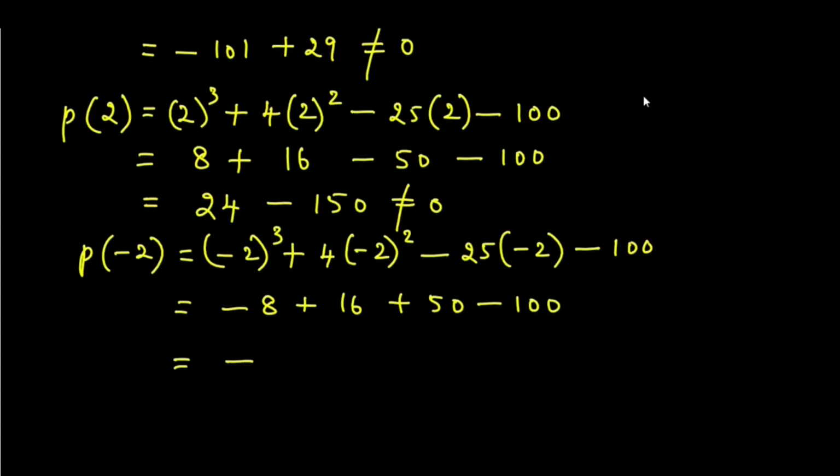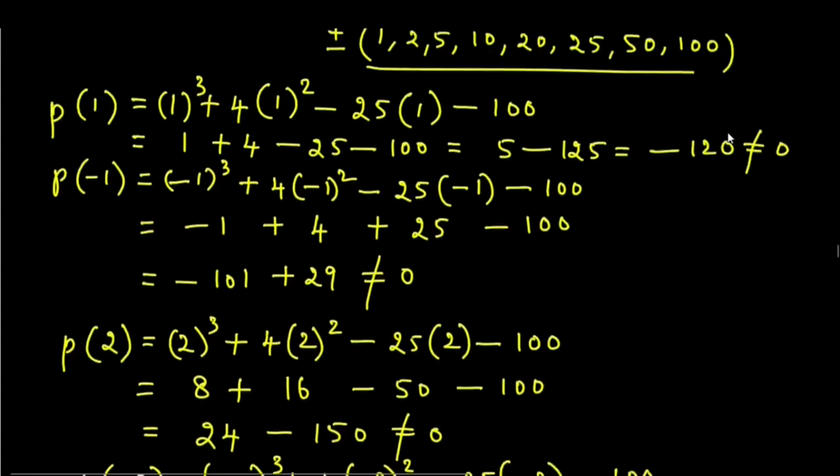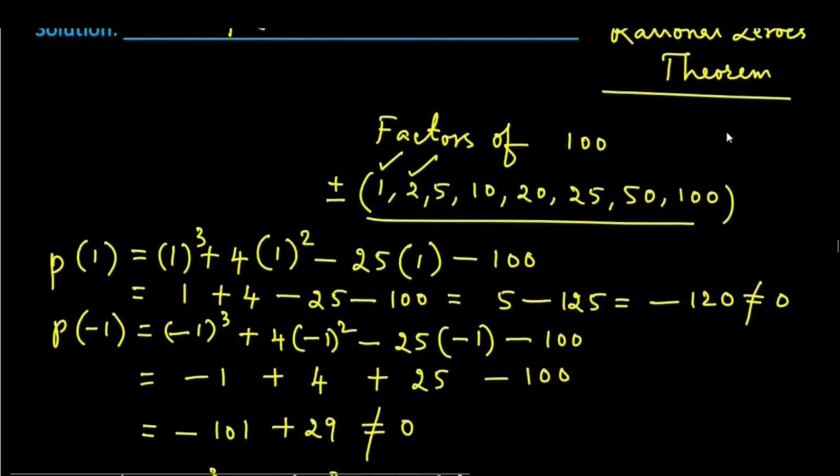This is equal to minus 108 plus 66. This is also not equal to 0. Now let us go for the third possible zero, plus or minus 5.